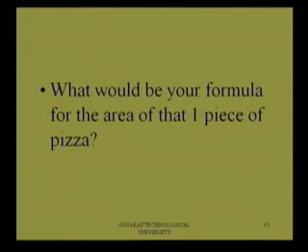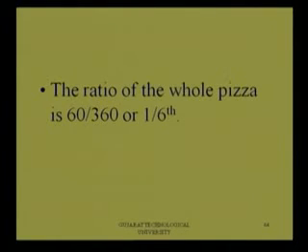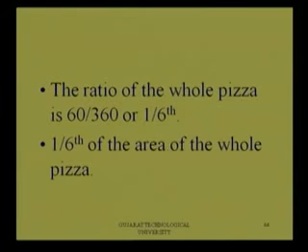What would be your formula for the area of that one piece of pizza? The ratio of one piece to the whole pizza is 60 by 360, or 1/6th part. We have divided the pizza in 6 parts, so the angle must be 60 degree, as a complete revolution gives 360 degree. So it is 1 by 6 of the area of the whole pizza.